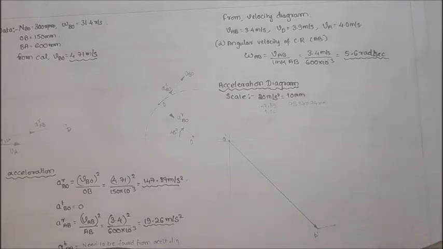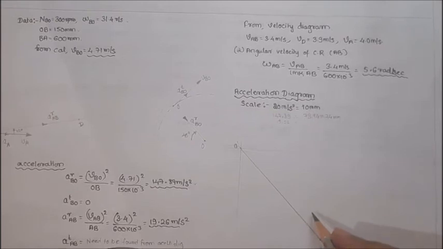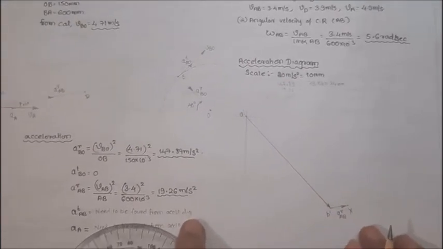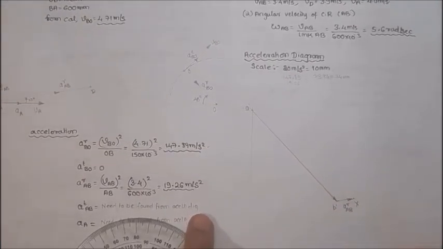So label this point as X, and this is the acceleration radial component of link AB. Repeating, we are making an angle of inclination of 10 degrees to this one, keeping it.